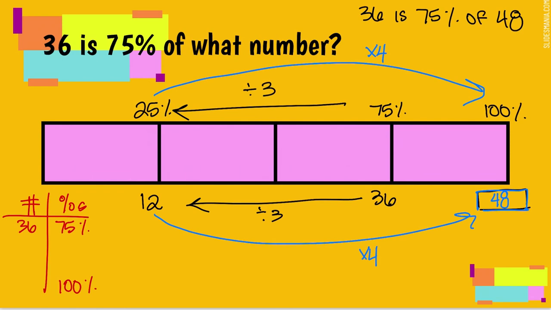So we divided both our ratios by 3 to find that 25%, or 1/4 of our unknown number, was 12. And if I knew what 1/4 or 25% was, I could multiply that by 4 to find my unknown, which was 48. Again, guys, same thinking is displayed. It's just a different way to represent the strategy.